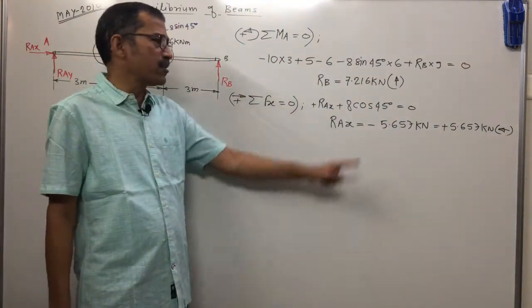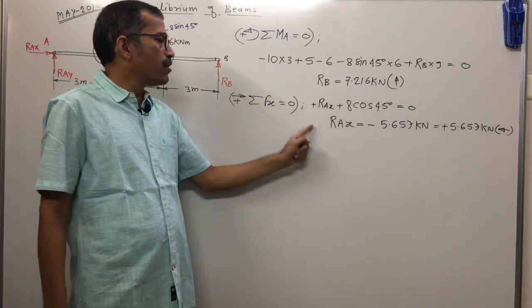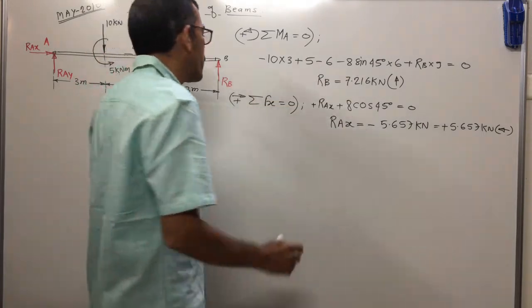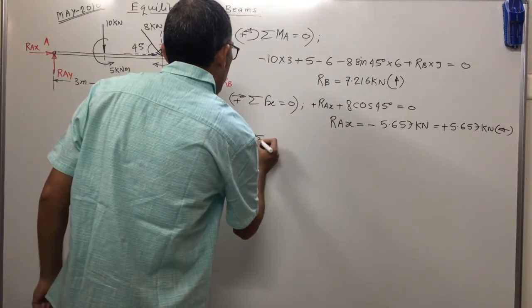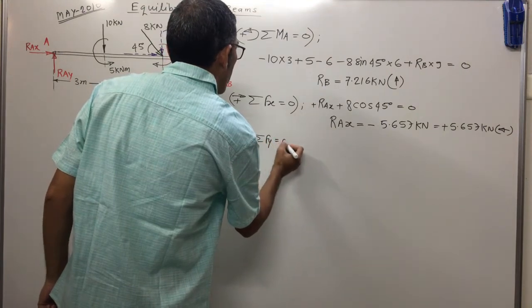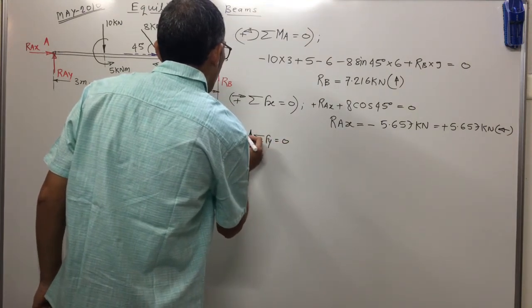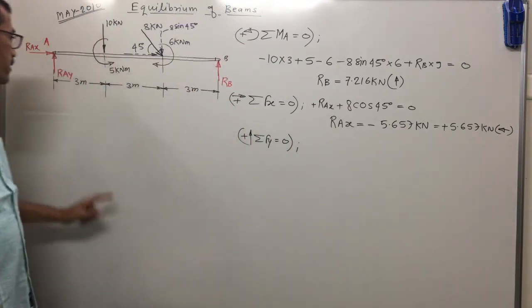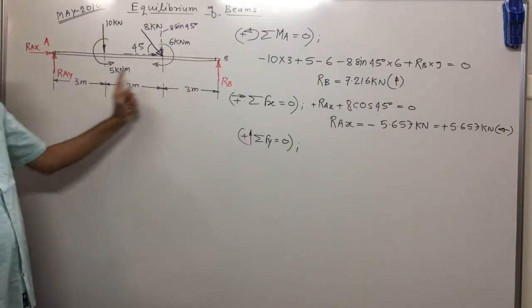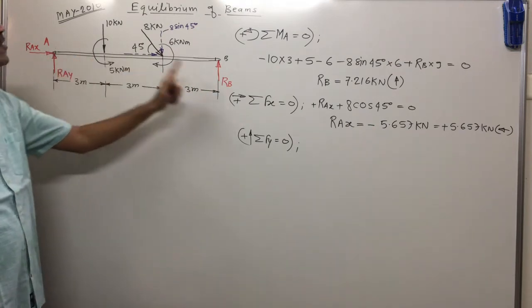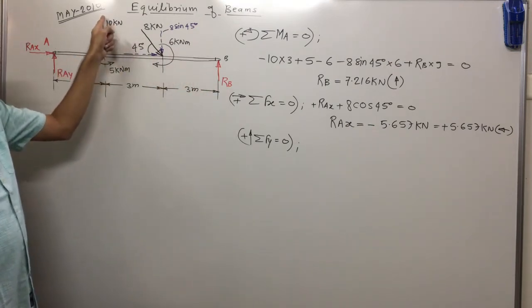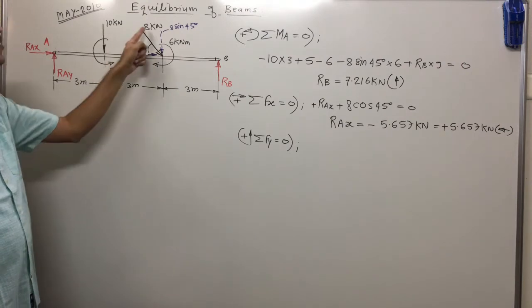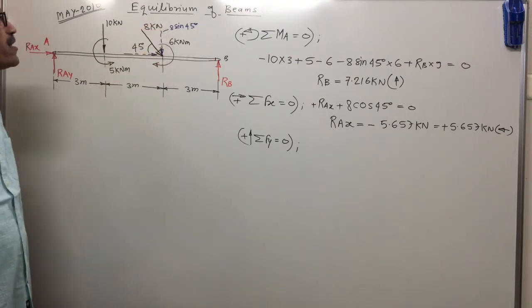Whenever you get a positive answer, the assumption is correct. Whenever you get a negative answer, the assumed direction is wrong. Now next is summation of Fy equal to 0, assuming upward force is positive. So along the y-axis, RAY upward, RB upward, means RAY plus RB. 10 kilonewton downward means minus 10, and component of 8 downward means minus 8 sin 45.